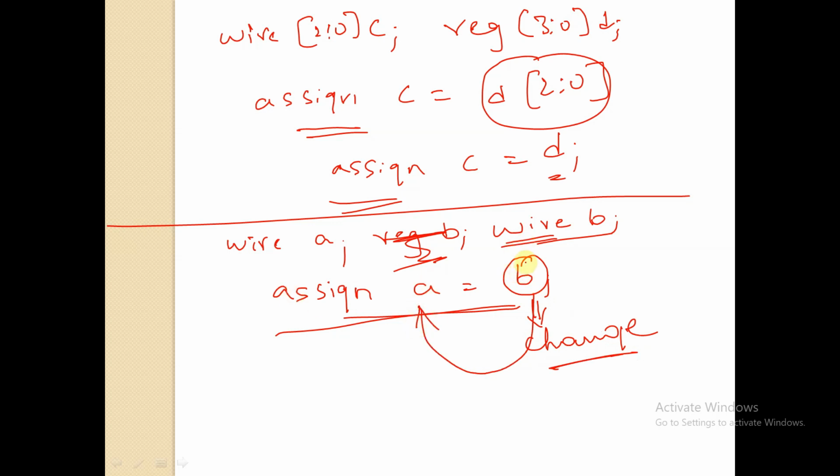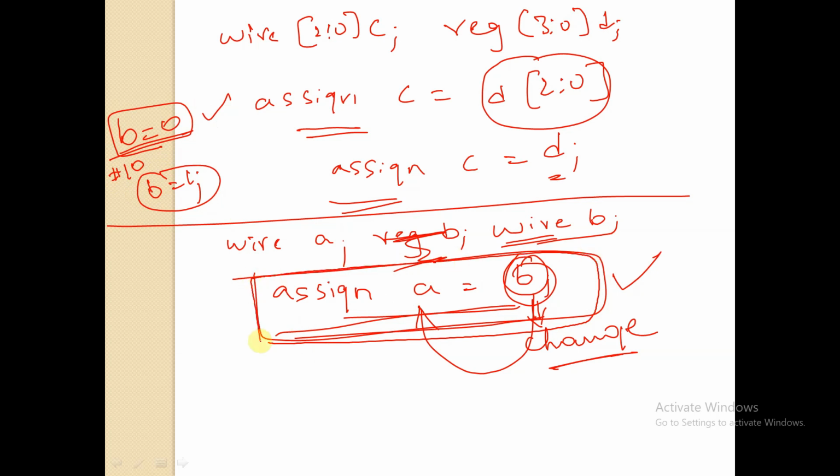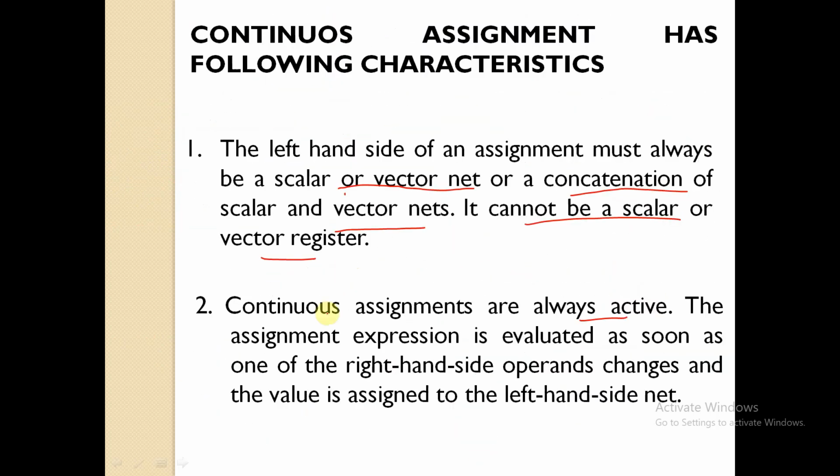So whenever there is a change in B, the statement will be executed immediately. Suppose we are writing a test bench, and in the test bench we write B is equal to 0, and after 10 time units we write B is equal to 1. So when we get B is equal to 0, the statement will be executed. And after 10 time units, when we get B is equal to 1, the statement will again be triggered and executed.